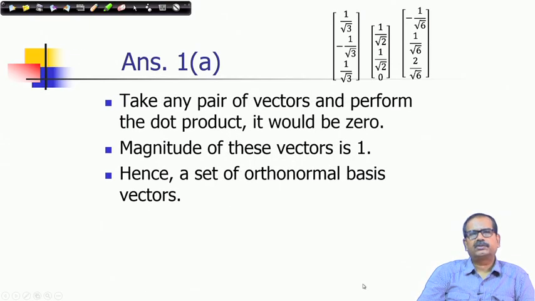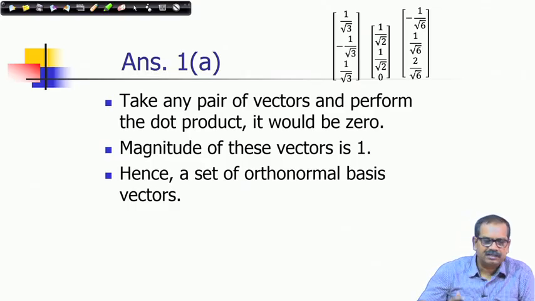Now, for checking an orthonormal set of basis vectors, you take any pair of different vectors, and if you perform the dot product, it should be 0. And the magnitudes of all these vectors should be equal to 1. That is how we can test it.